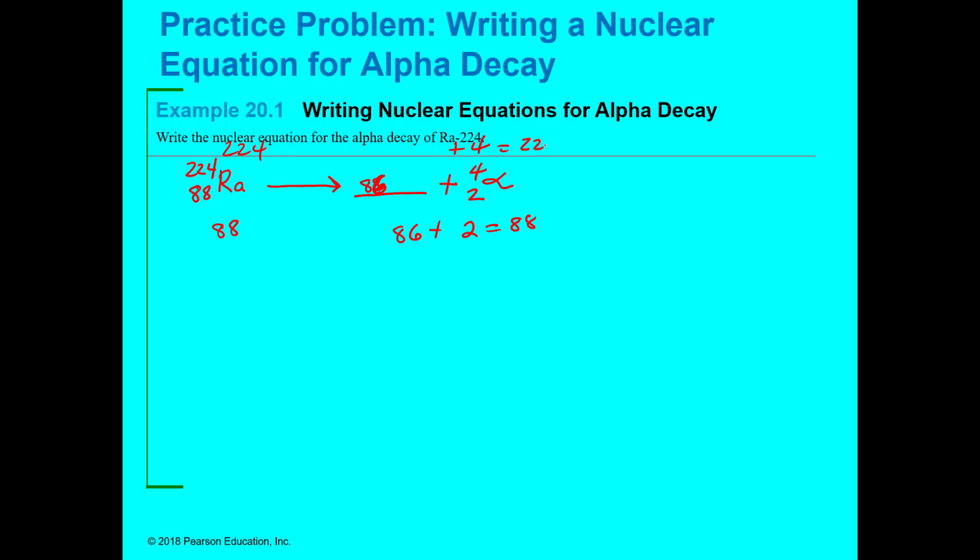So what plus 4 gives me 224? That would be 220. Then I have to look and see what is atomic number 86, and that is radon. All I did was make sure, and then I go back and say 86 plus 2 is 88, and 220 plus 4 is 224, making sure that both sides are balanced.